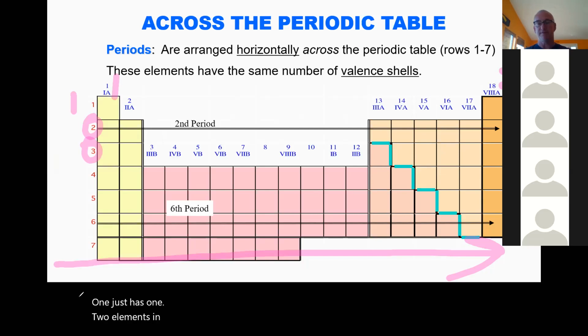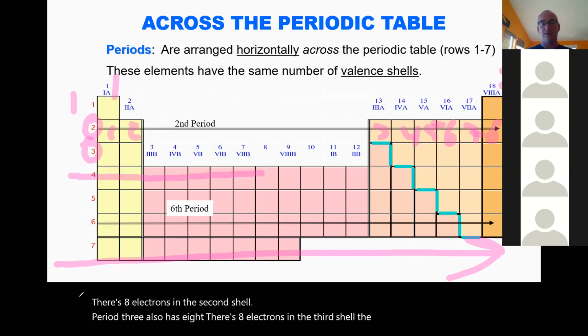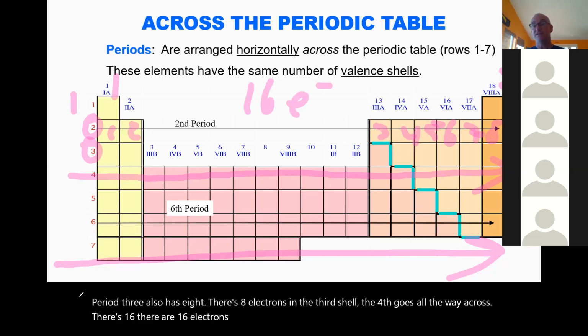There are 2 electrons in the first shell. Period 2 has 1, 2, 3, 4, 5, 6, 7, 8. There are 8 electrons in the second shell. Period 3 also has 8. There are 8 electrons in the third shell. The fourth goes all the way across. There are 16 electrons in the fourth shell, and so on.